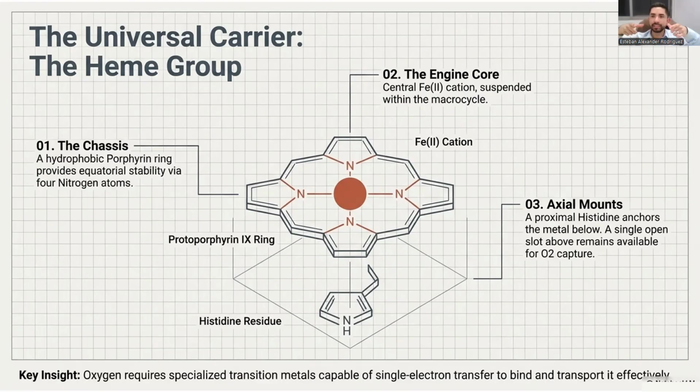This iron lies in the plane of the porphyrin ring, which stabilizes the metal ion in the equatorial side. In the bottom, or down, depending on how you observe the protein, the metal ion is coordinated by a histidine residue, which connects the metal center with the complete protein structure.